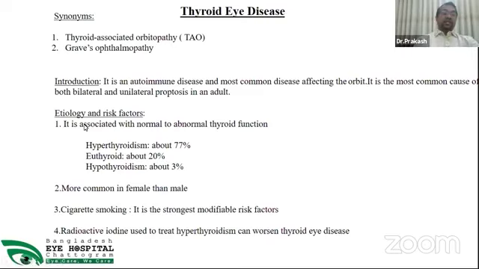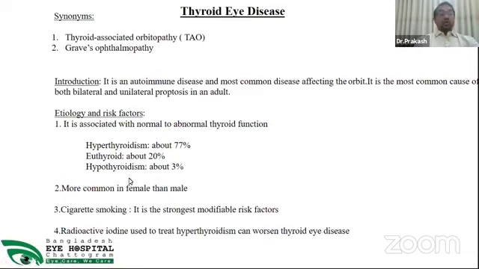If you consider the etiology and the risk factors, it can be associated with hyperthyroidism, in about 77% of cases. But thyroid eye disease is also associated with euthyroid, that means normal thyroid function, or even with hypothyroidism.